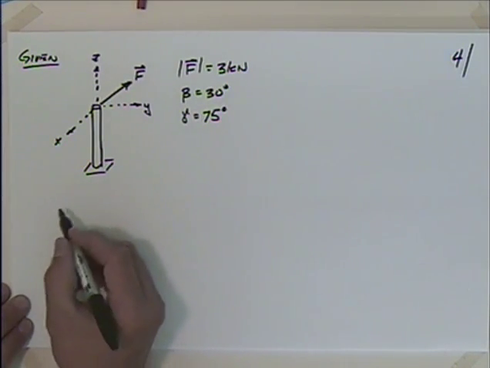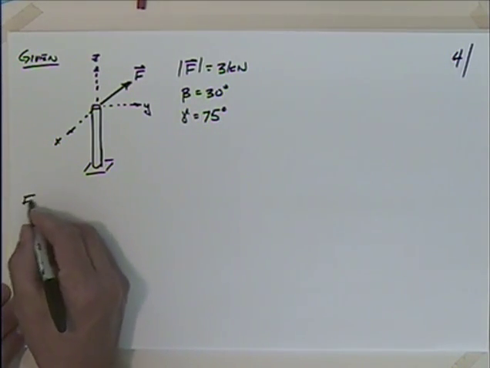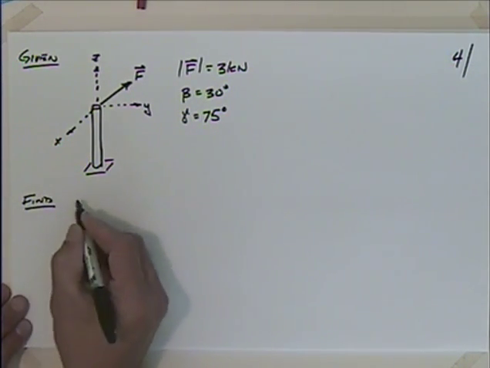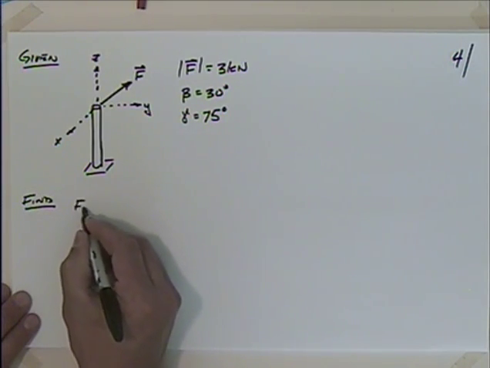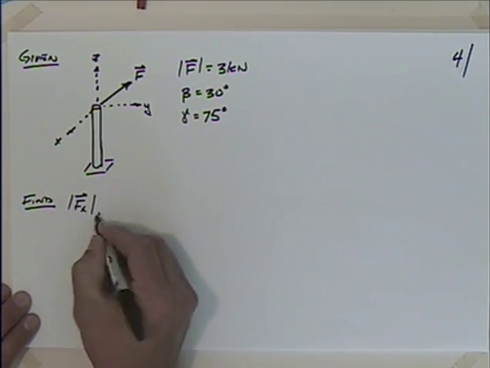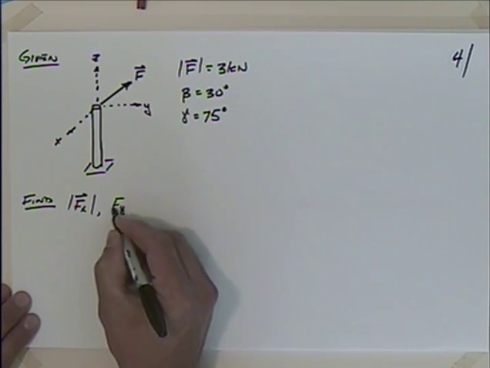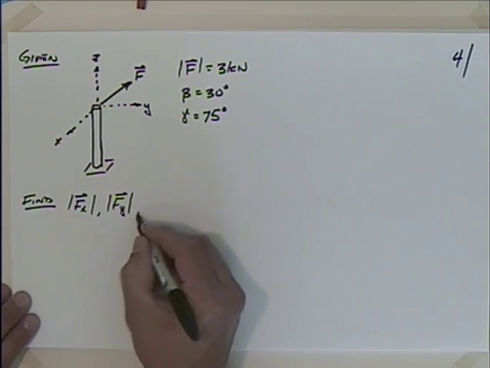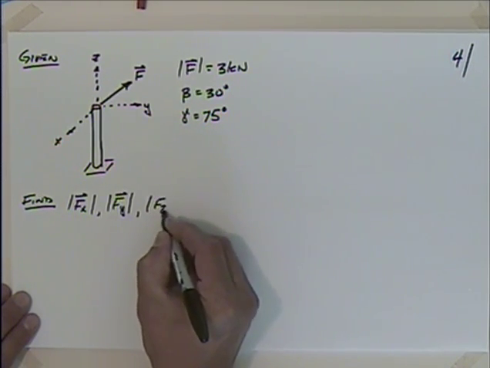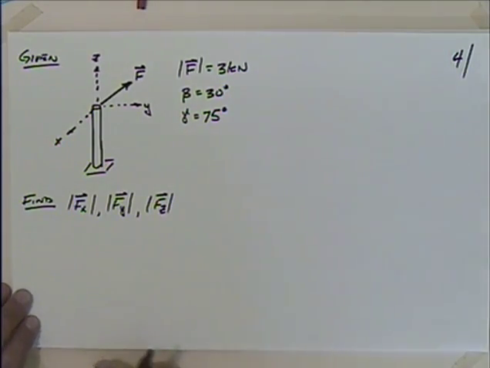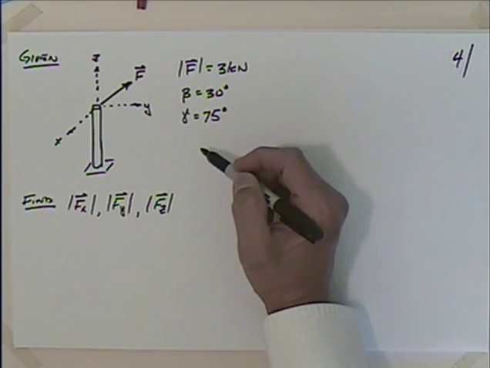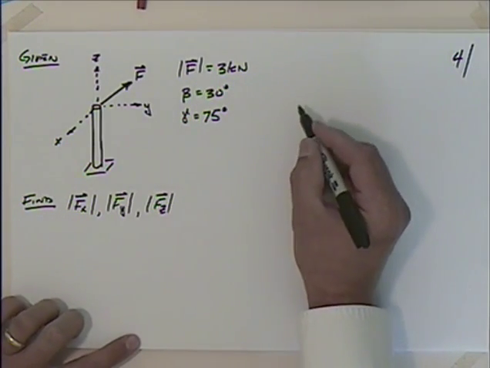We're given beta. We're given gamma, and we would like to then find the magnitude of the x component, the magnitude of the y component, and the magnitude of the z component. Okay, let's see if we can do that. We're given beta and gamma. I bet before we're done we're going to need alpha, so let's see if we can get that.